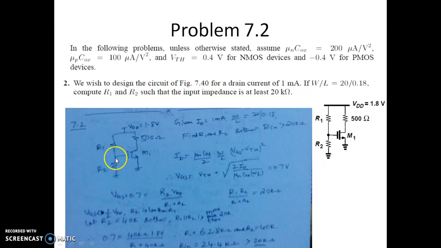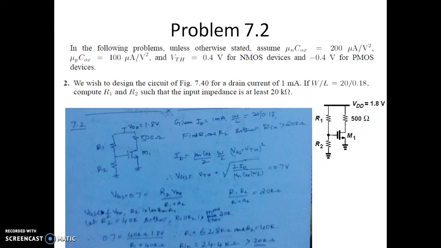Assuming this is 40k, to get 0.7, R1 is found out to be 62.8. By having this 40k and 62.8 kilo ohms, we are getting an input impedance of 24.4, which is certainly more than 20 kilo ohms. Suppose by mistake you take this as 30 kilo ohm, and find out the input impedance, it may come out less than 20 kilo ohms.